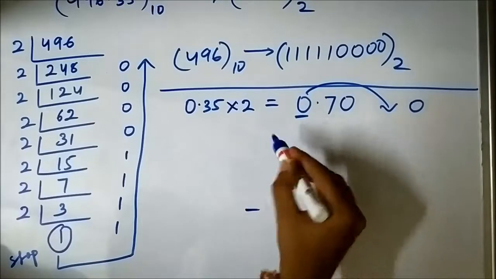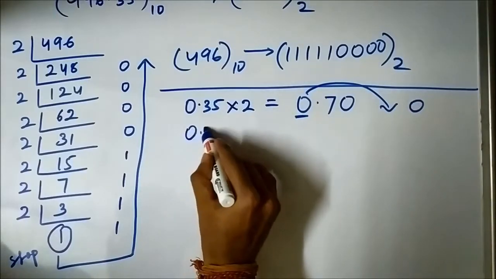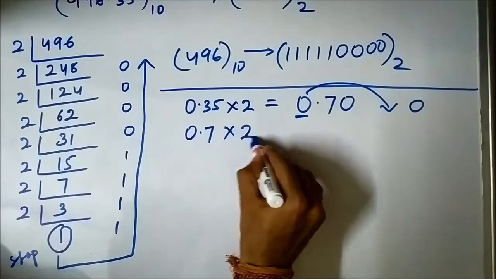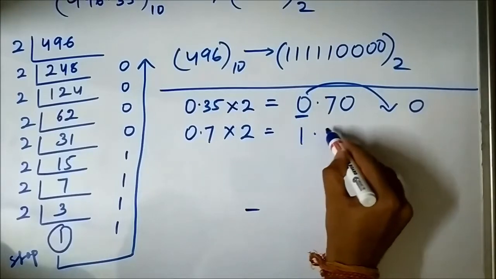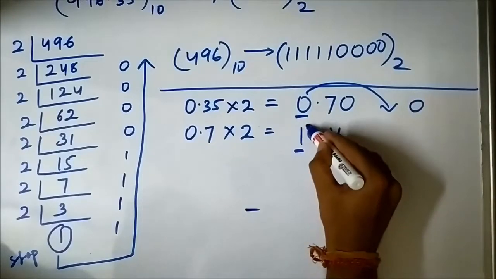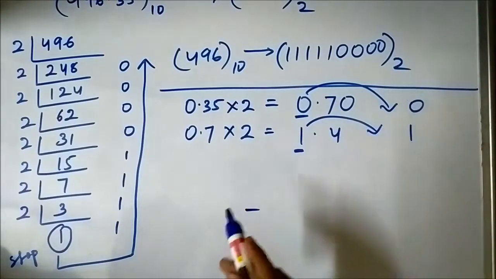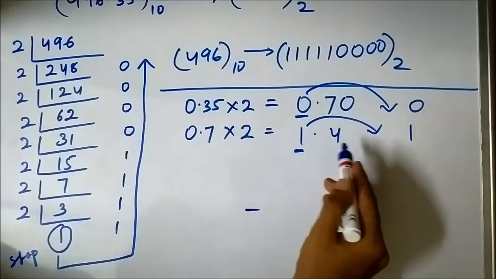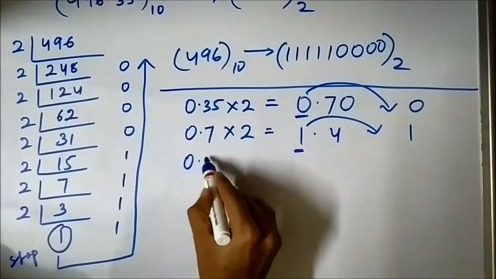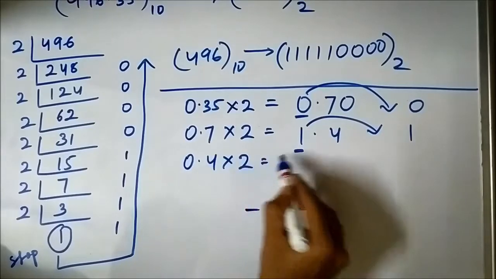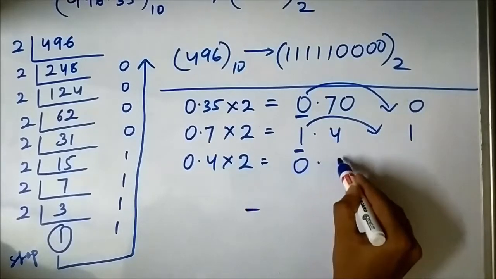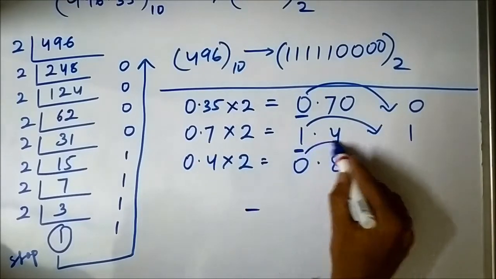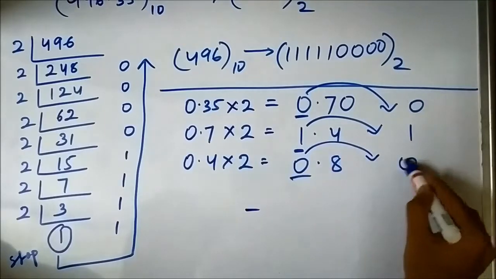Again 0.7 into 2 is equal to 1.4. So we'll take this 1 and write it here. Again, if we take out 1 from 1.4, 0.4 remains. Into 2, it is equal to 0.8. So we take this 0 and write it here.